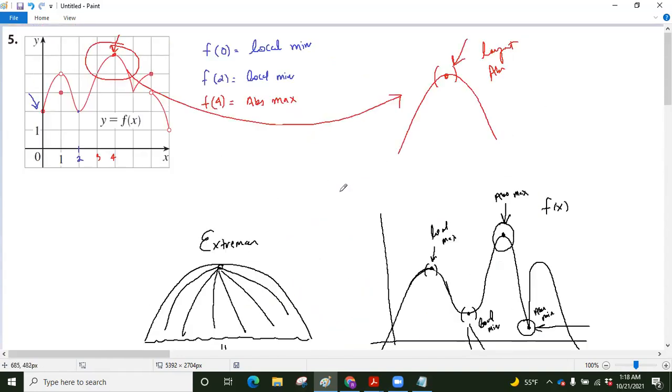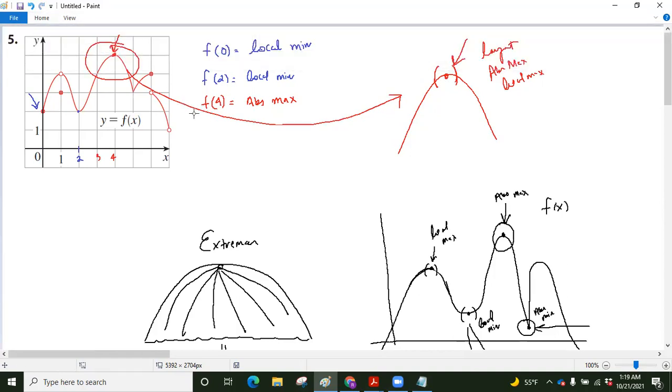So in the same way, just because you're the largest point throughout the entire graph doesn't mean that you aren't also a large point locally, in your own neighborhood. So all absolute extrema are still local extrema. If I say that this is an absolute max, then this is also a local max. So that's essentially the idea.